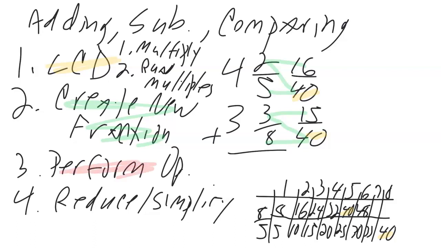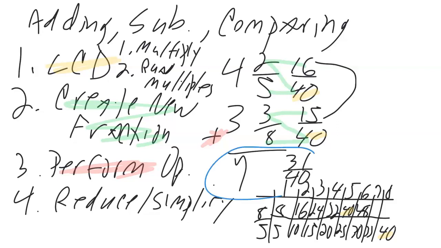So that's performing the operation, and the operation here is addition. So now you would just simply do 4 plus 3 is 7, and then 16 plus 15 is 31, all over 40. And so this is our final answer here, 7 31/40.